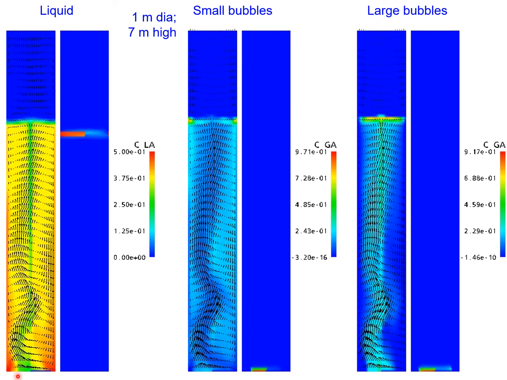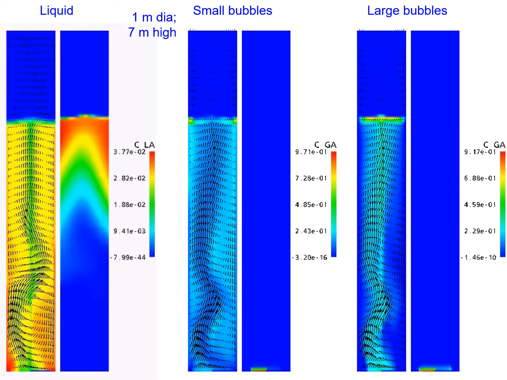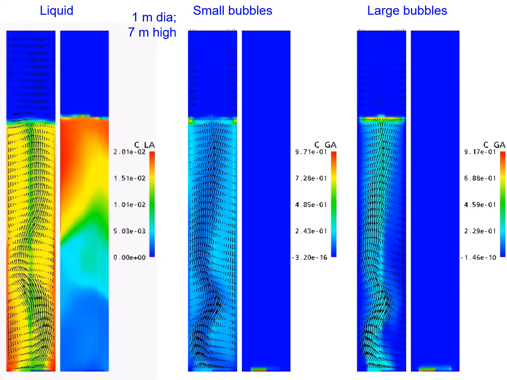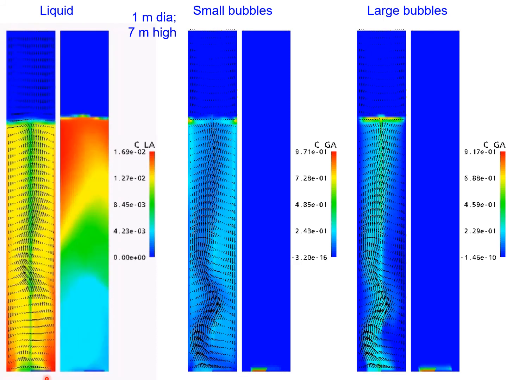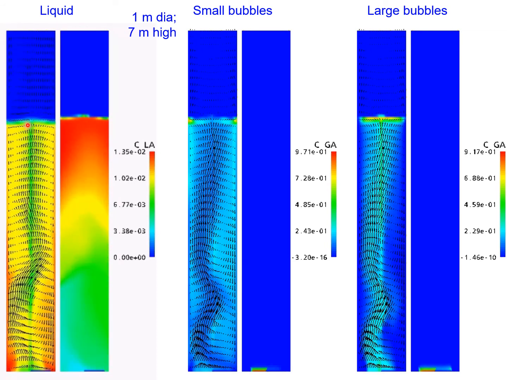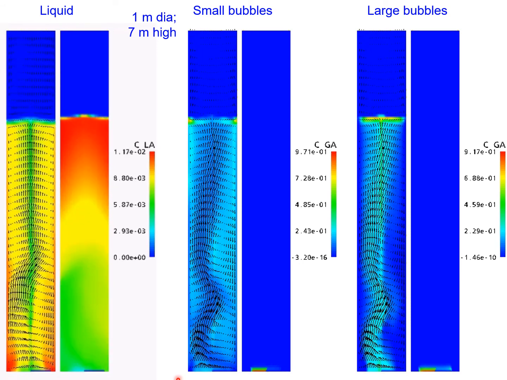Let's have a look at the velocities of the liquid phase. We note that there is a tendency for upflow towards the center and downflow near the walls.